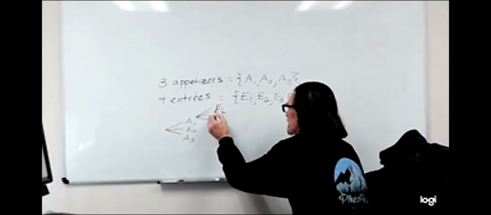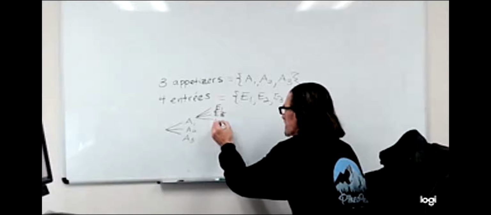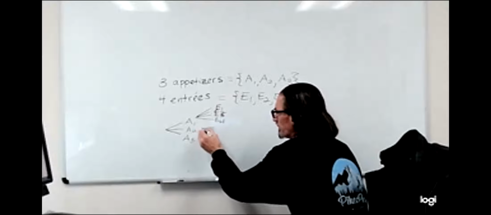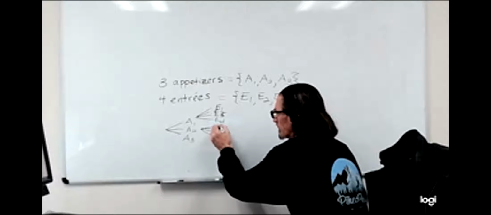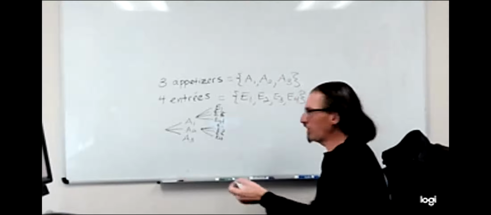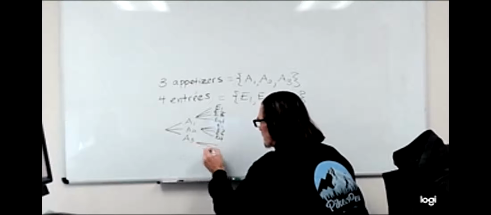If the first appetizer has been chosen, there's going to be 4 choices; if the second appetizer was chosen, 4 choices; and there are going to be 4 choices if the third appetizer was chosen.